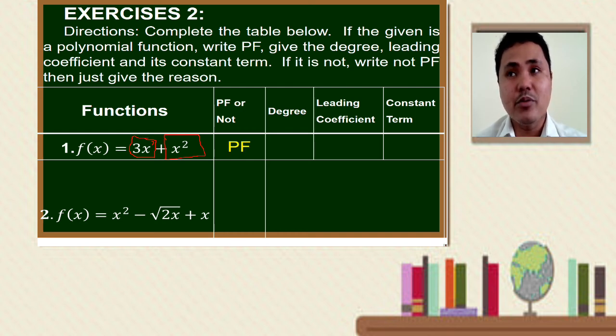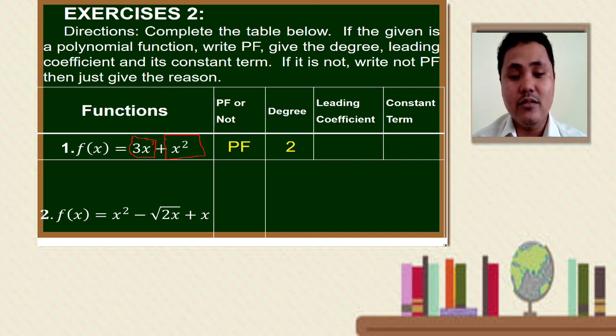Then the degree of the polynomial function is, of course, the term which has the highest power of the variable, and that is degree 2. And our leading coefficient, by looking at the leading term, is the coefficient of the leading term. This is our leading term, right?